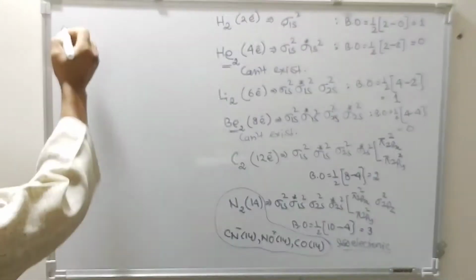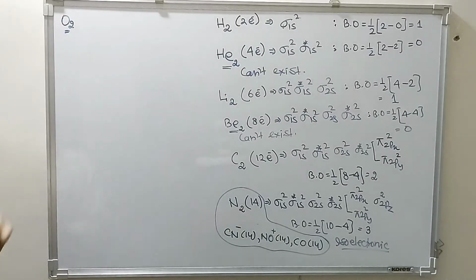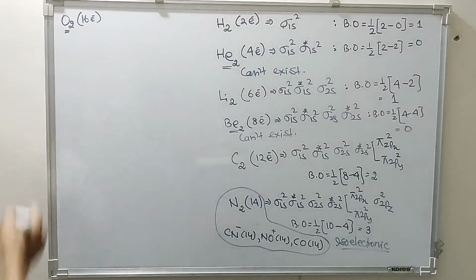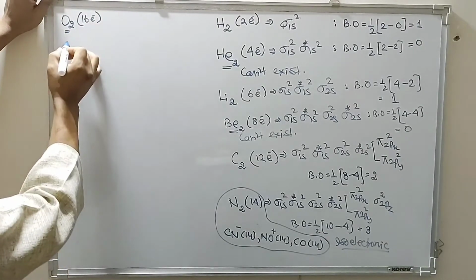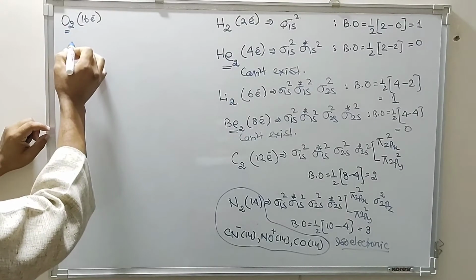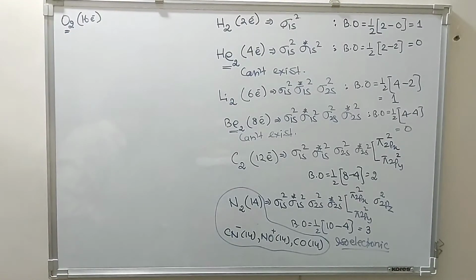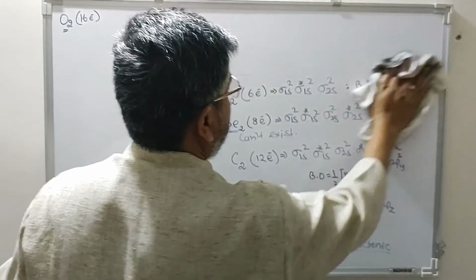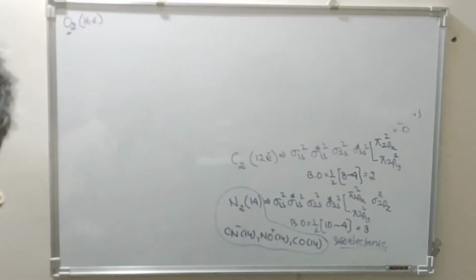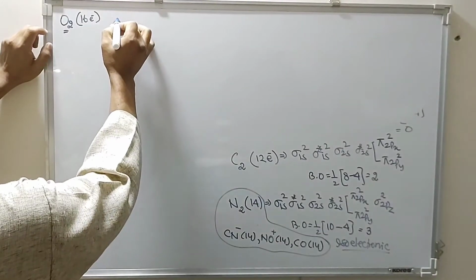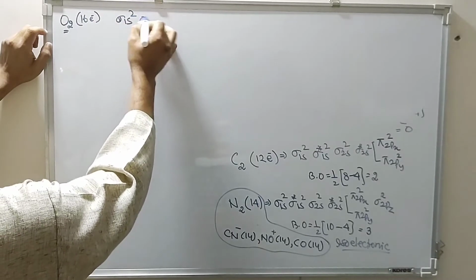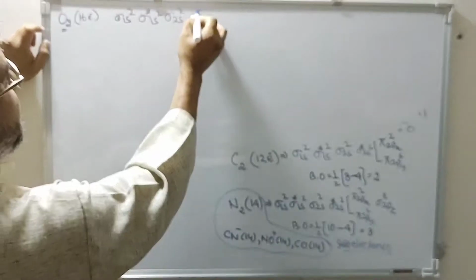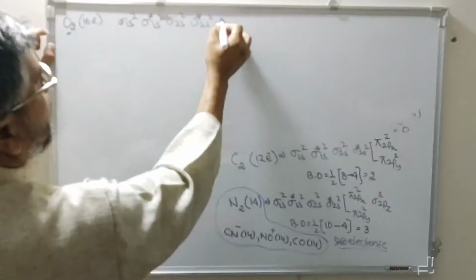Let's take the case of the oxygen O2 molecule. The number of electrons is 16. So look at it, this is greater than 14. Electronic configuration, so let me write this: sigma 1s2, sigma star 1s2, sigma 2s2, sigma star 2s2.